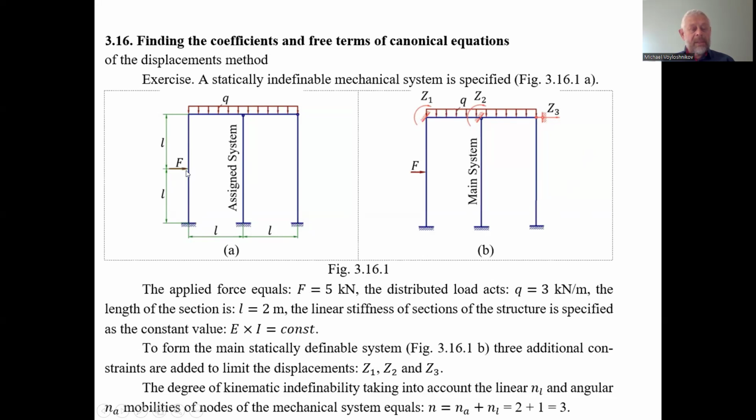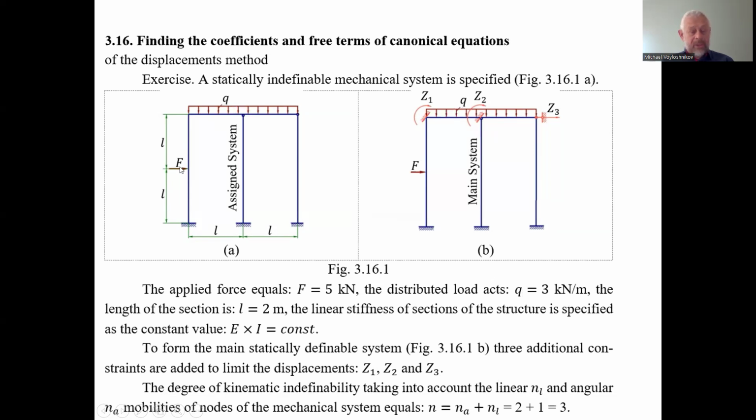In the middle of the stand, a concentrated force is applied. Each L is 2 meters. The horizontal beam is rigidly connected to the stand, and the beam carries an evenly distributed load q equal to 3 kilonewton per meter.